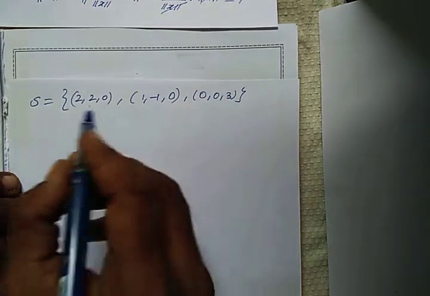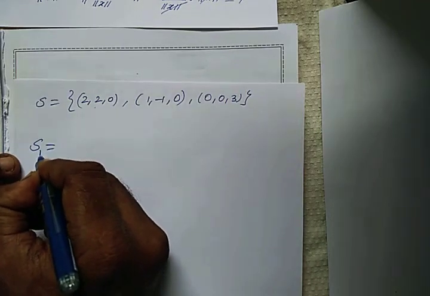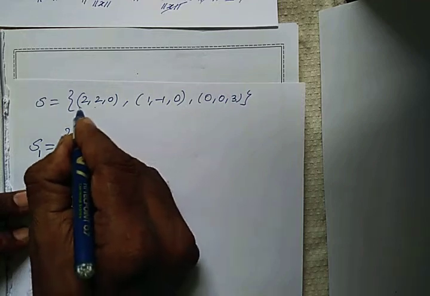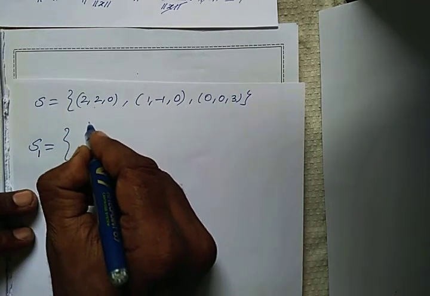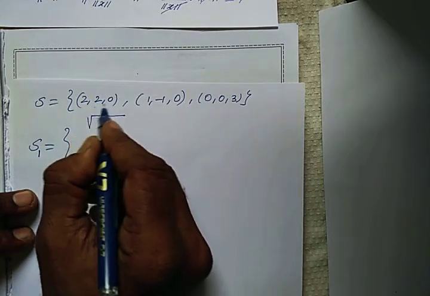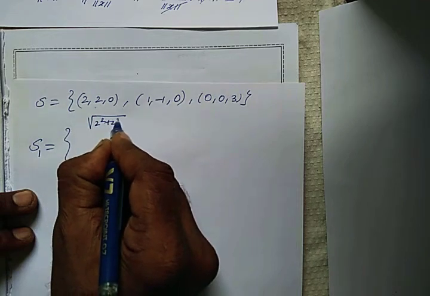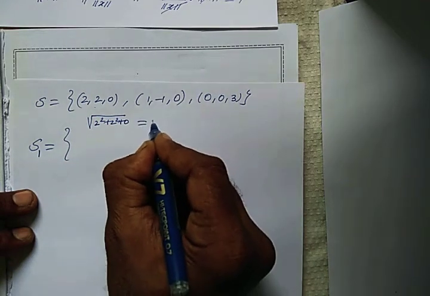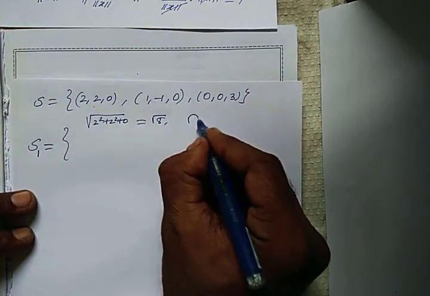So we now consider a new set, let us say it is S1. What is its norm? Norm is equal to square root of inner product of x comma x. So we get 2 square plus 2 square plus 0, so square root of 8. This next vector's norm is square root of 2.